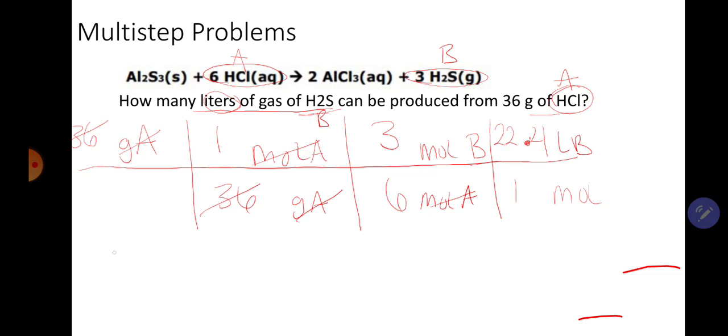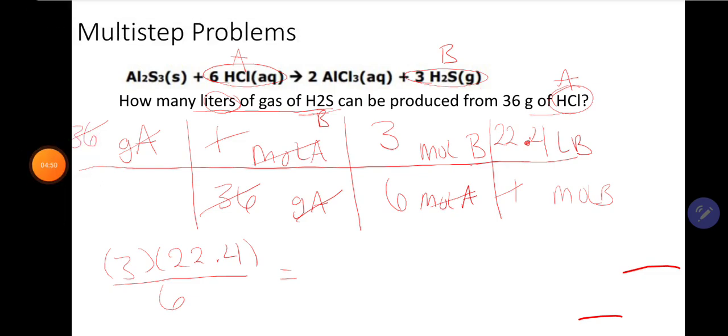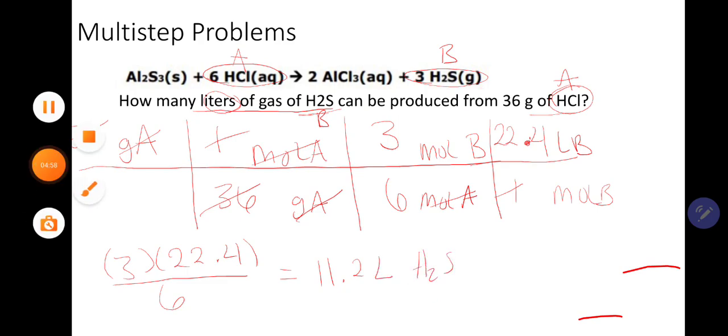So here we have 3 times 22.4 divided by 6, because those ones cancel also. So then we'll go plug that into a calculator and we'll have an answer. And we end up with 11.2 liters of H2S.